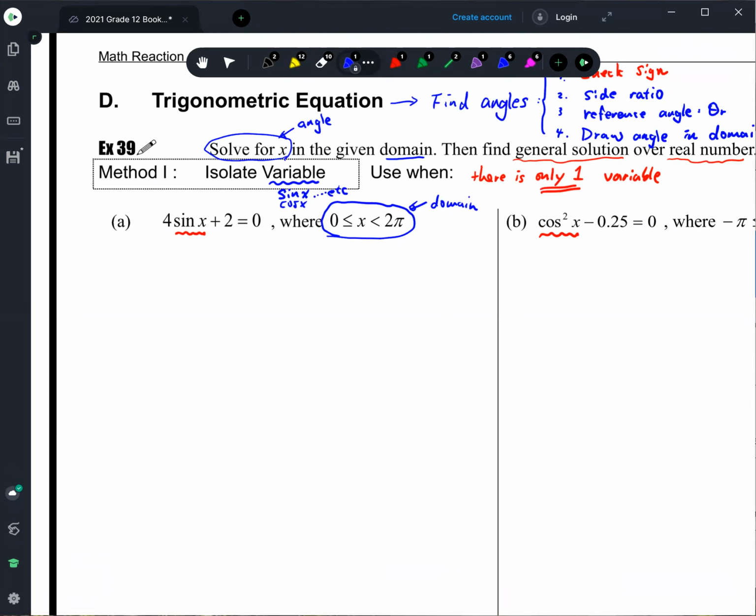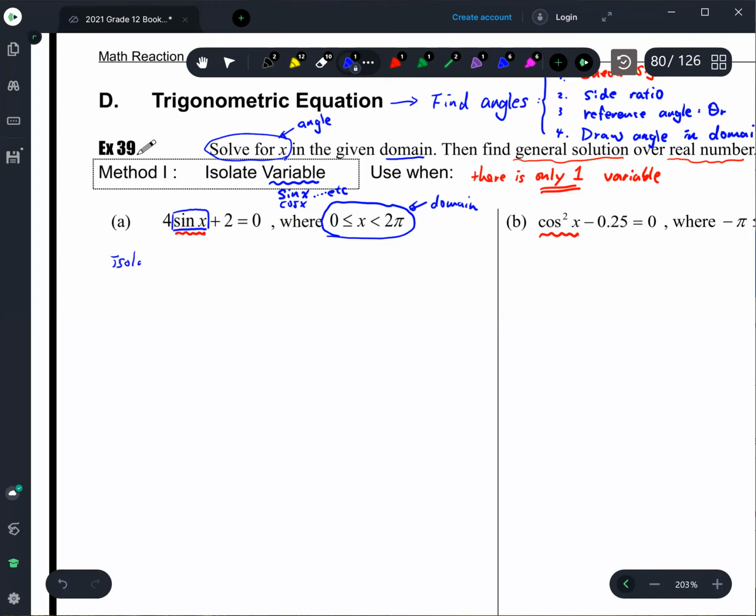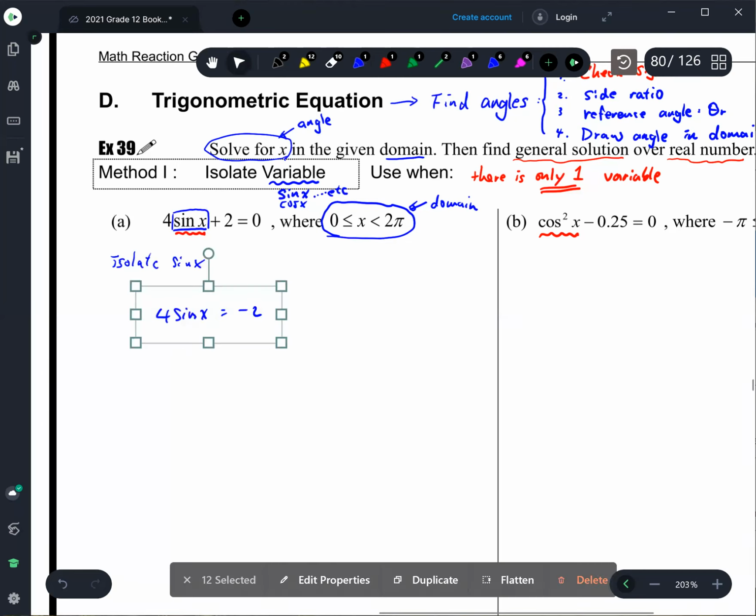So for the first question, because there's only 1 variable, this is our variable, so we're going to isolate that. We start moving things over. We want to keep the sine x by itself, so the 2 we can move over to the right side. We'll write down the step: isolate sine x. So 4 sine x equals -2.